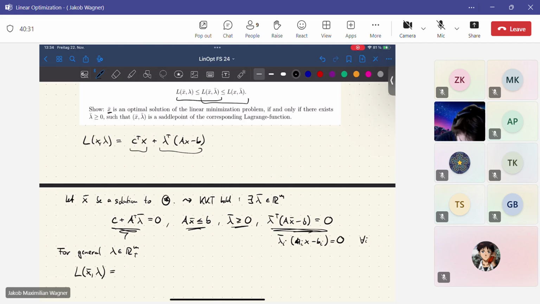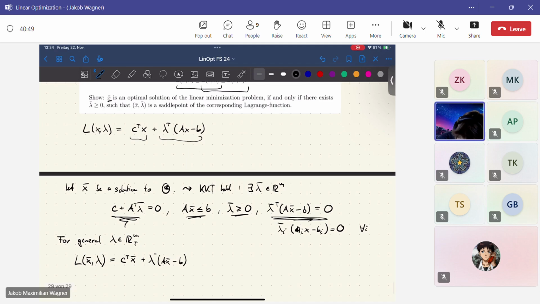So to see this, we first write this expression out. So this is c transpose x bar plus lambda transpose (A x bar minus b). And we know that these entries are all greater or equal to 0.